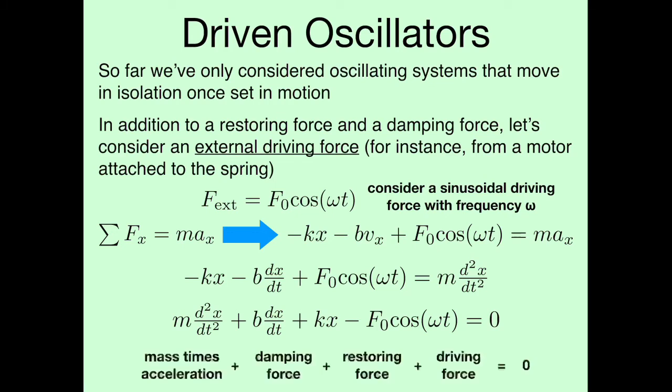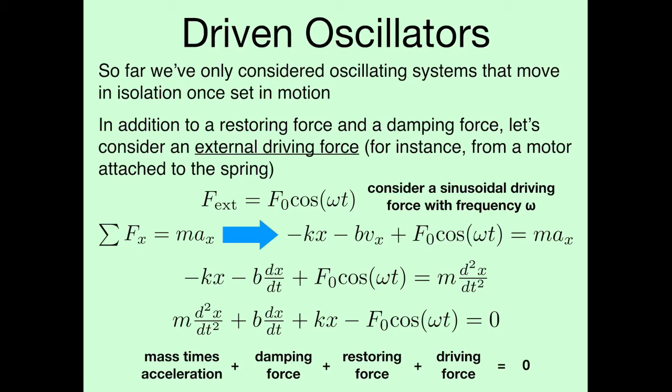Just to keep track of everything here, the first term is just mass times acceleration. The second term is our damping force. The third term is our restoring force. And the fourth term is our driving force, which again, we're assuming has the form F naught cosine omega t. If you add all that together, you get 0.